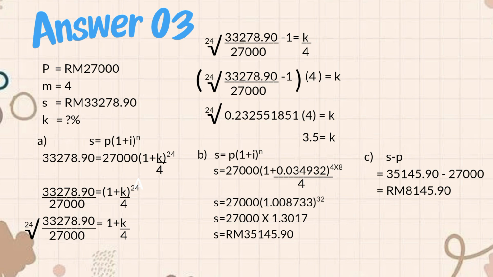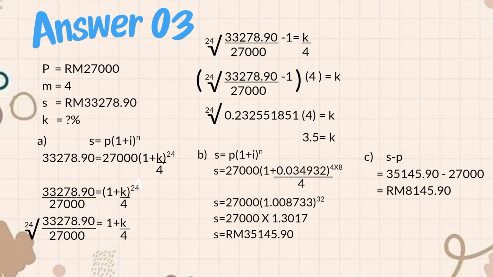For B, we use the formula S equal to P (1 plus i) to the power of n. So S equal to 27,000 (1 plus 0.034932 over 4) to the power of 4 times 8.